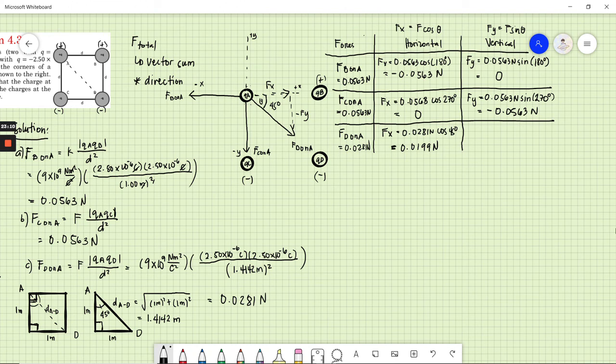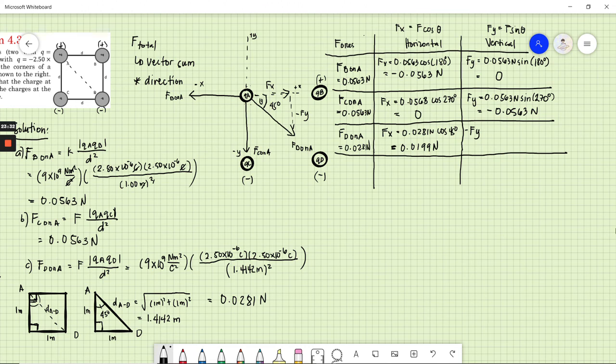Now let's look for our Fy. Interestingly, our Fy should be negative. The reason for that is because the direction of our F D on A is going in the negative y direction. That's the component.